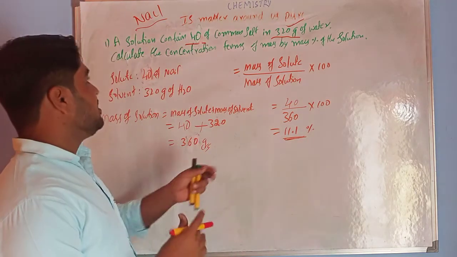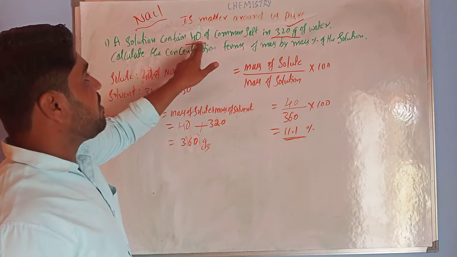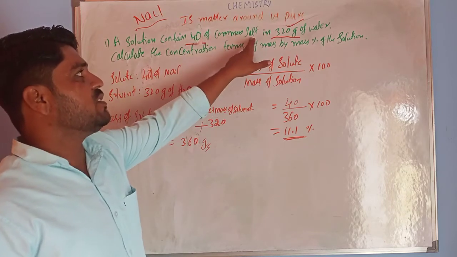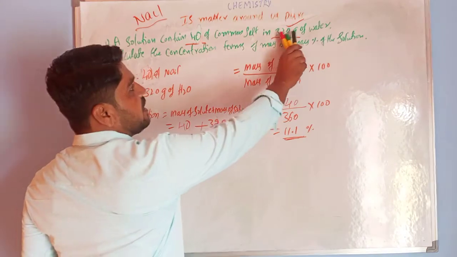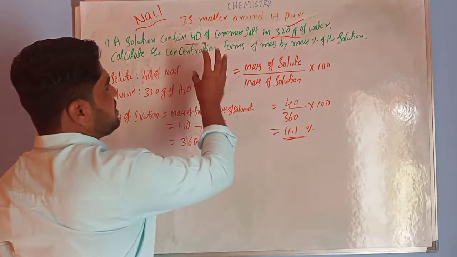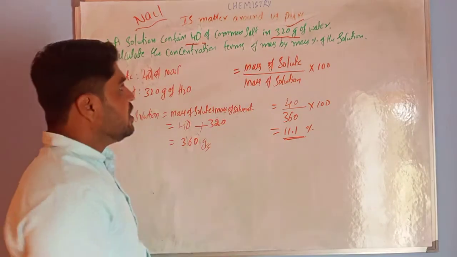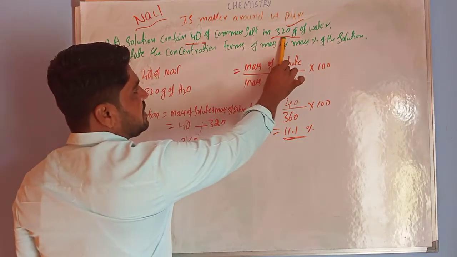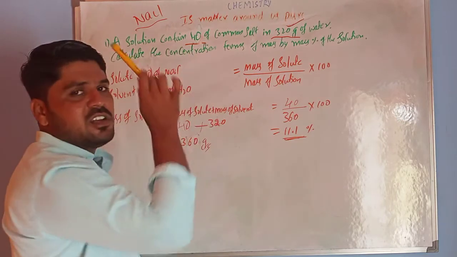I repeat this problem once again. A solution contains 40 grams of common salt in 320 grams of water. First identify which one is solute and which one is solvent. The minimum quantity we call solute, the maximum quantity we call solvent. Water is solvent and common salt is solute.